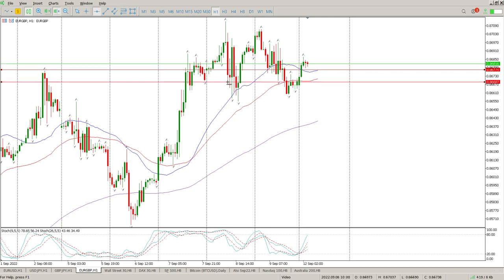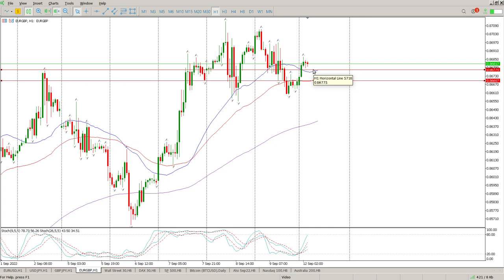Then there is a little bit further down around there. So what we want to see is what is going to happen here at 0.86775 and 0.86697. Same scenario here. We're looking for pin bars, inside bars, engulfing bars on one of these levels for a continuation of the upside.